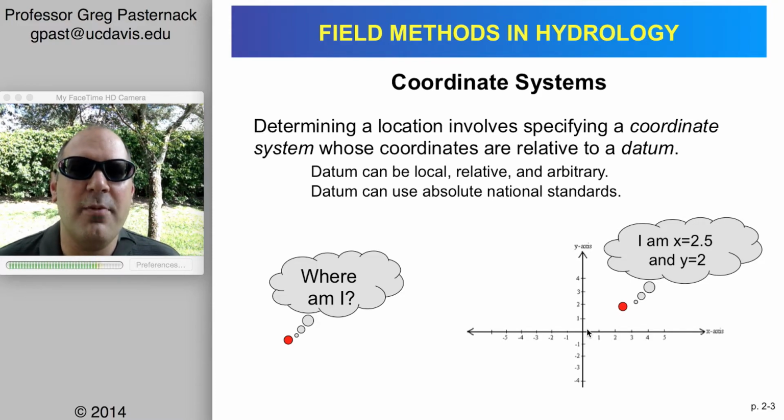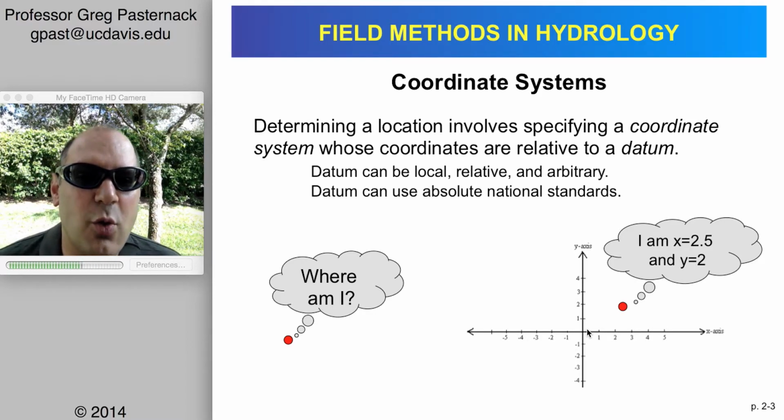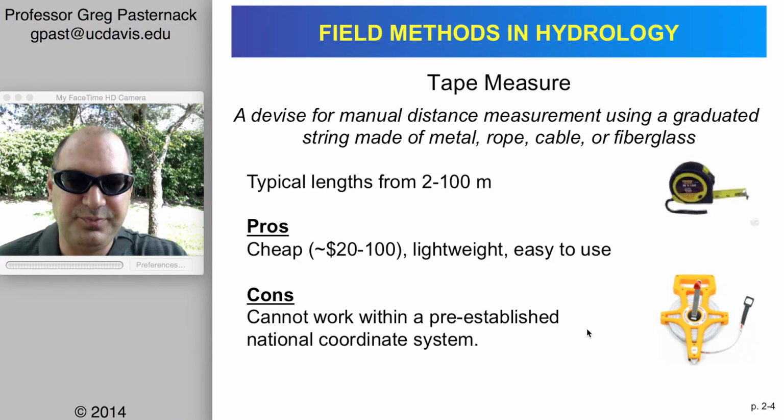So if you want to learn more about that, I suggest you look at the website for the National Geodetic Survey. Typically, as an individual hydrologist, you can just find out where local benchmarks are in your area and get the coordinate values for that. And then also it will tell you what coordinate system and what datum is in use.